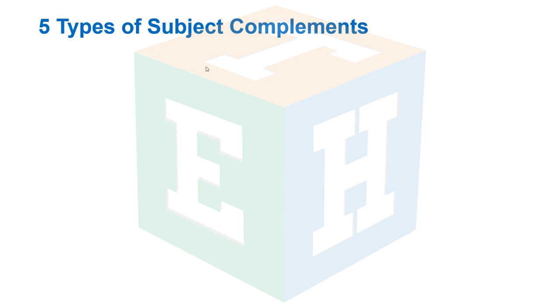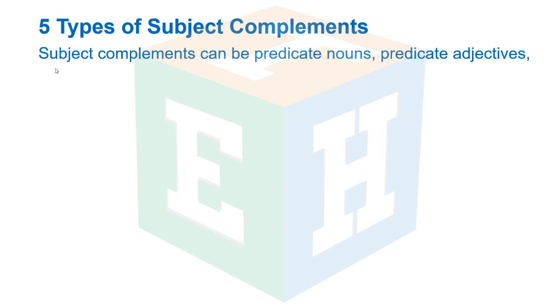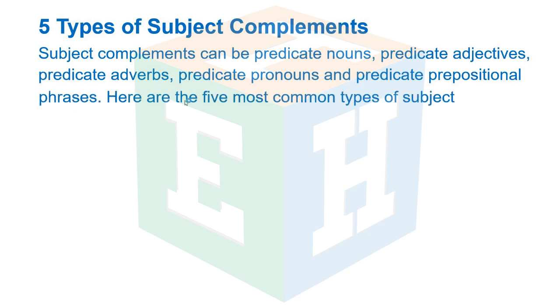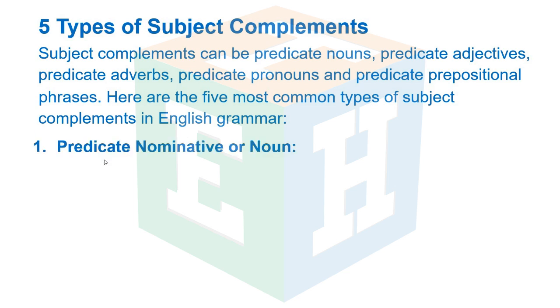Five types of subject complements. Subject complements can be predicate nouns, predicate adjectives, predicate adverbs, predicate pronouns, and predicate prepositional phrases. Here are the five most common types of subject complements in English grammar. Number 1, predicate nominative or noun.